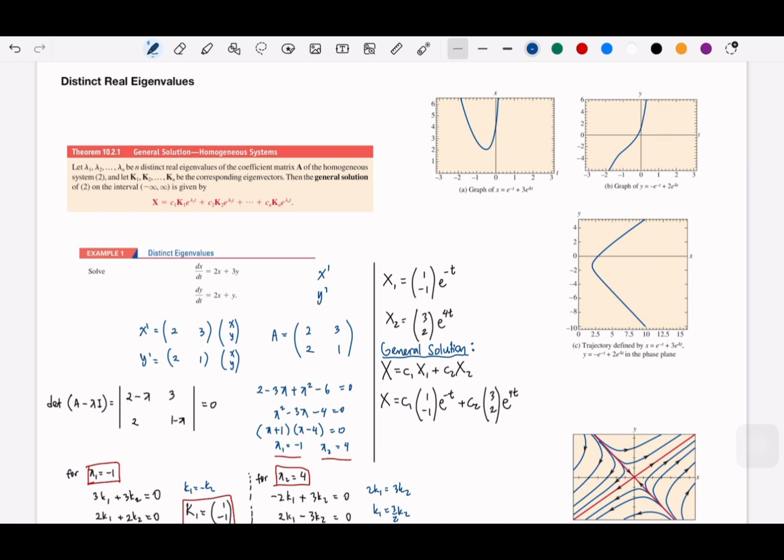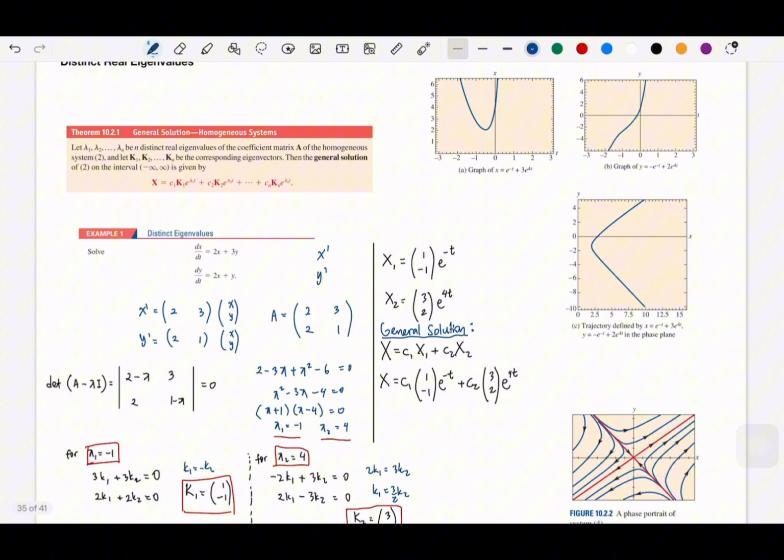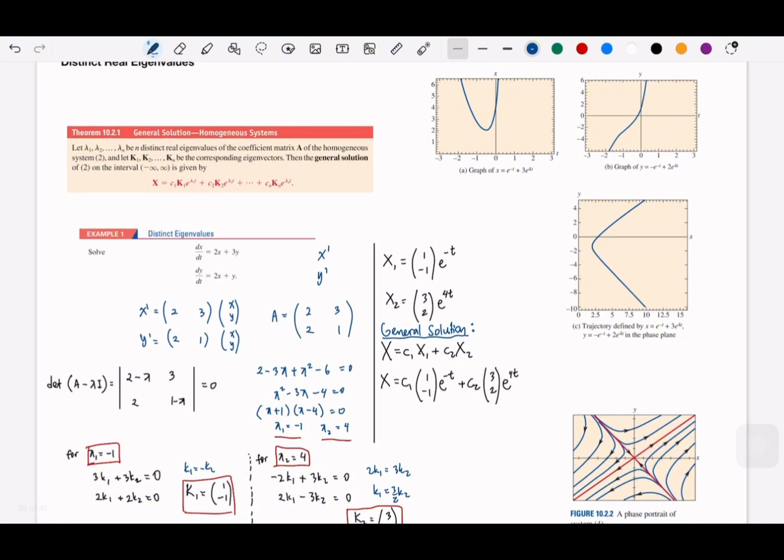We can interpret these parametric equations as a trajectory, and we call this a phase plane. So this is the phase plane, this is the trajectory, a trajectory in the phase plane.